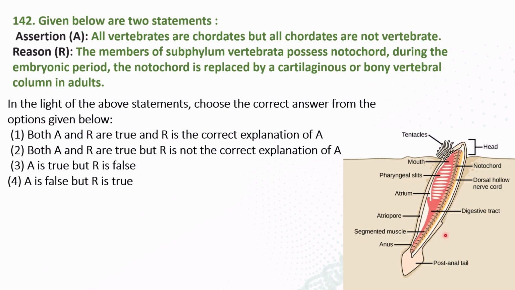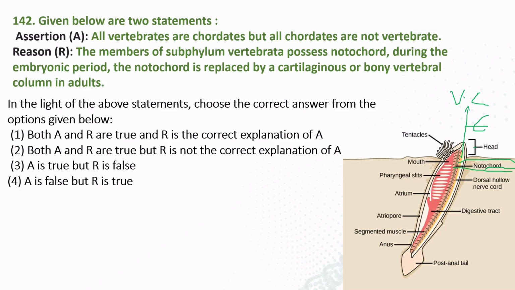If you see here, this is a chordate which will develop into a vertebrate. Why they are known as chordates is that they contain the notochord layer. This notochord is present in the chordate members, and then this notochord is developed into the vertebral column in the evolution process. So you can say that all vertebrates are chordates, but all chordates are not vertebrates.